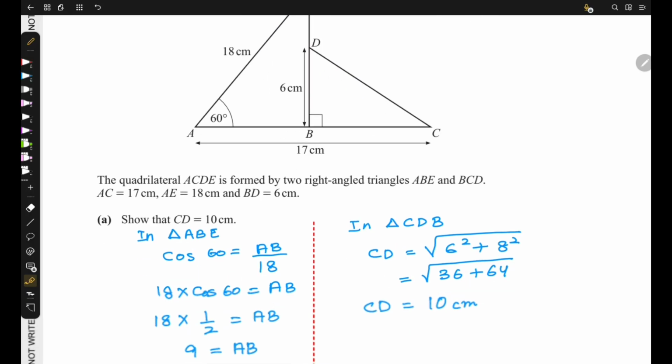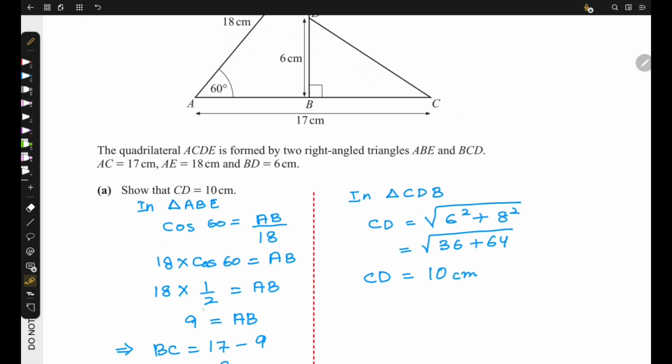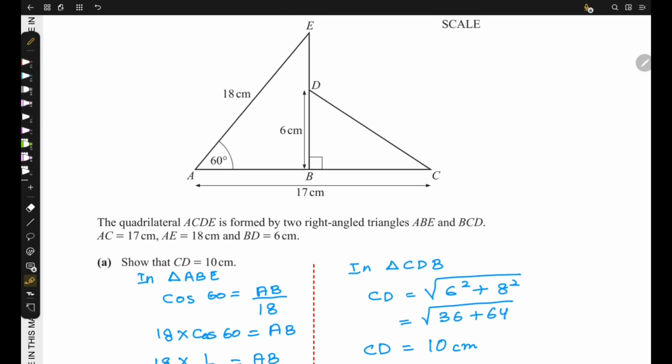I hope it's clear. Now, in order to find BE, we have a right angle triangle over here. We can use trigonometric ratios like sine or tan. We can also use the Pythagoras theorem because we know the value of AB. The value of AB is 9. It depends on you guys, which one is the easy method for you.